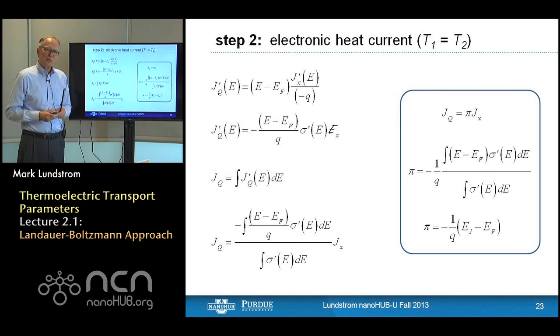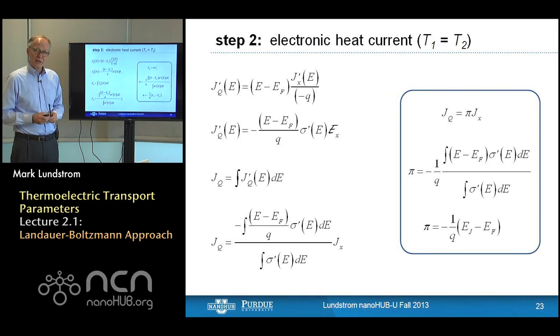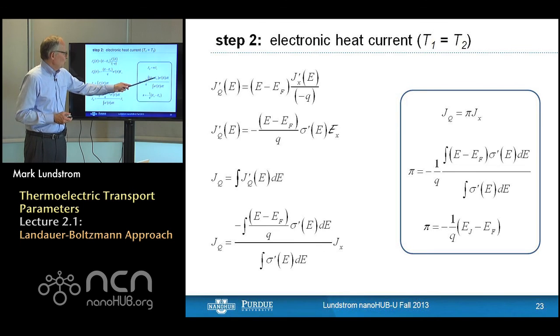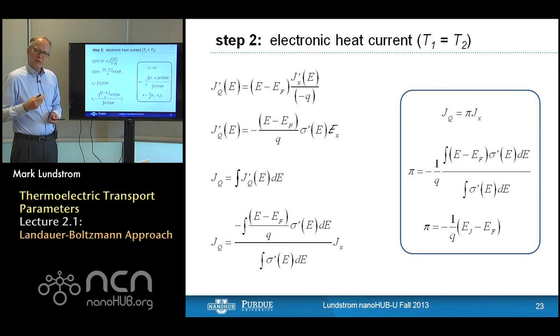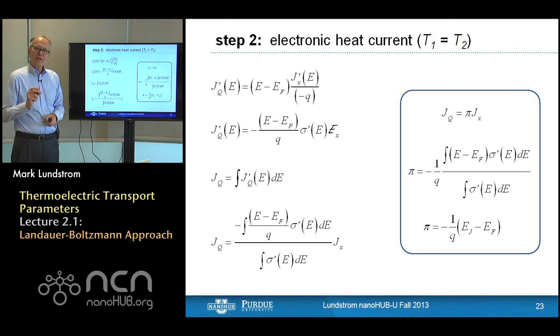And if you look at that expression, it looks a little bit complicated mathematically, but what it really is, is the energy with respect to the Fermi energy in the metal contact, weighted by the ease at which current flows at that energy. That's what the differential conductivity tells us. And then normalized by the entire conductivity. So what we're doing here is we're computing an average energy at which the current is flowing.